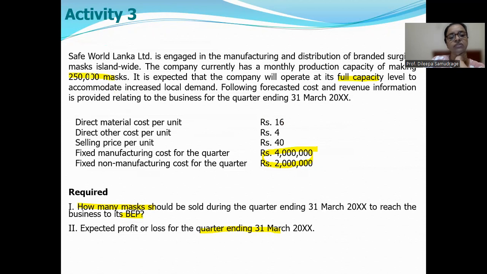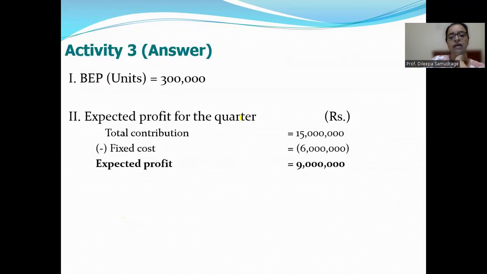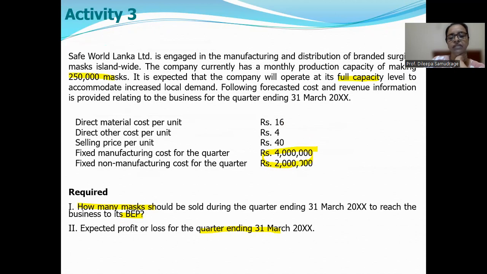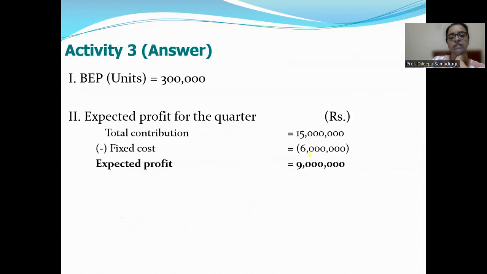So 20 into 750,000 is the total contribution. From that, you deduct the 6 million fixed cost. Then you get 9 million. Clear? There is no answer for 9 million.